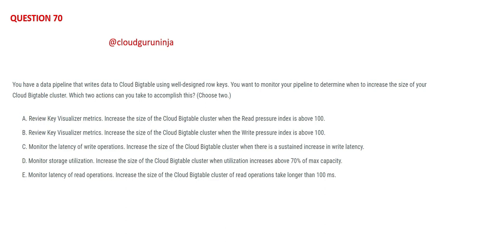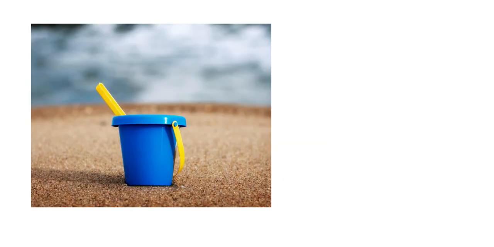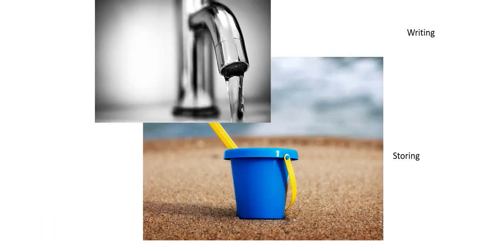See, you have a pipeline. What is the pipeline doing? It is writing data. Where is it writing? To a Cloud Bigtable. Consider this bucket as a database and you are writing. That means water is pouring inside the bucket. It is similar to writing. So this tap is actually writing. What this bucket is actually doing is storing. So the database is storing.